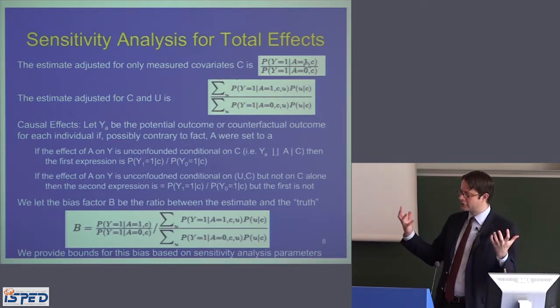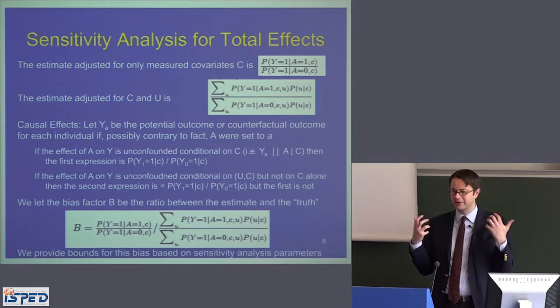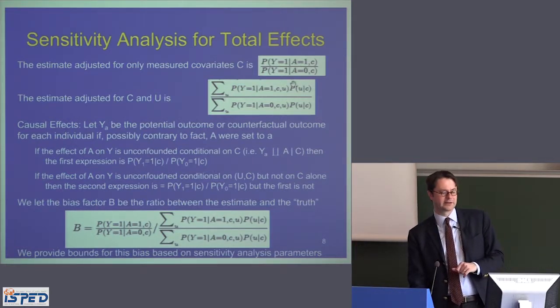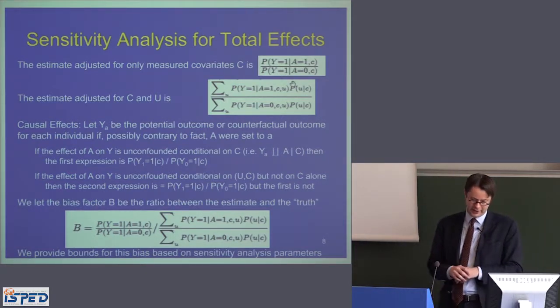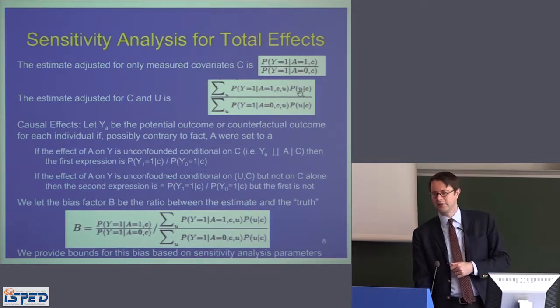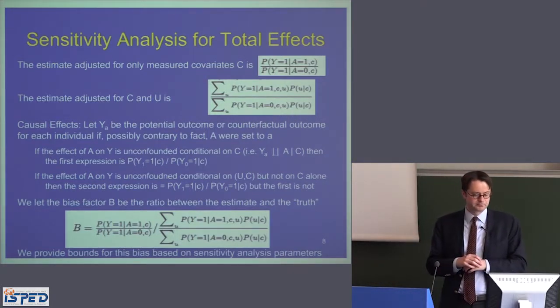But if there's some unmeasured covariate U that affects both the exposure and the outcome, then we would need to adjust for U. And what we would want, if we wanted the causal risk ratio conditional on C, is to standardize by U as well. We don't have data on U, so we can't do this with data.